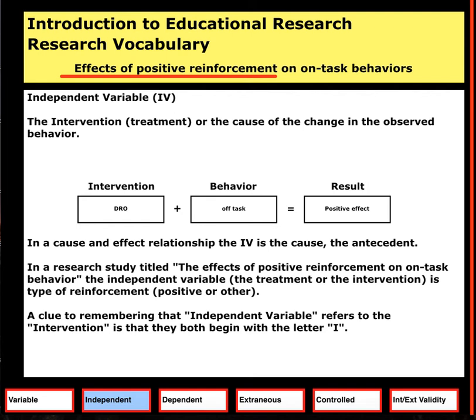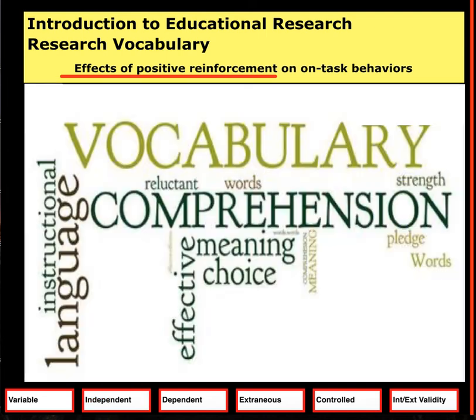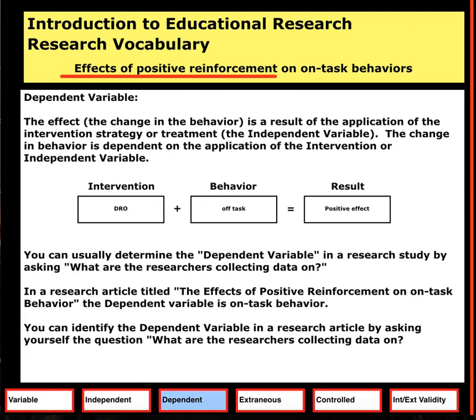And the behavior that's being observed or being measured, in this case off-task behavior, also goes by a special name. And it is called the dependent variable. The behavior being observed is always referred to as the dependent variable.